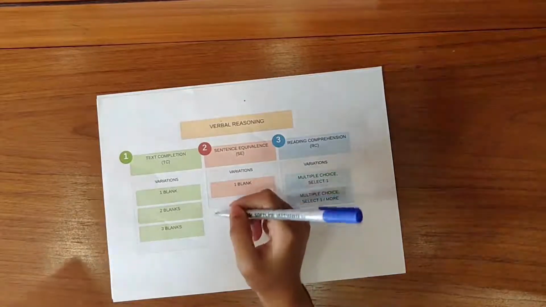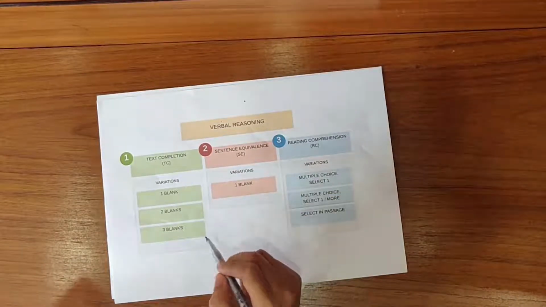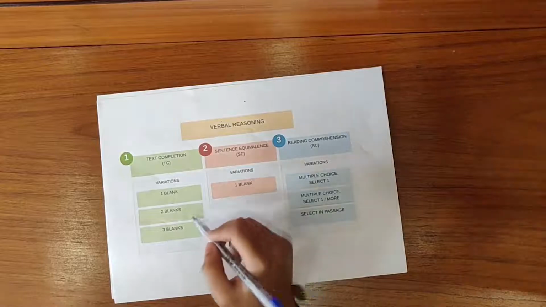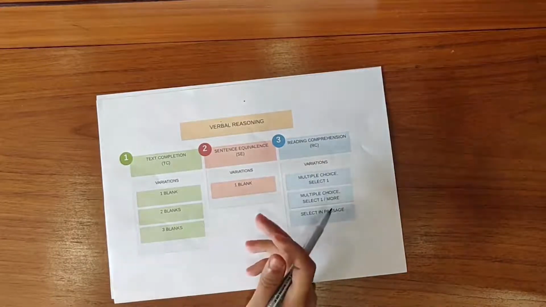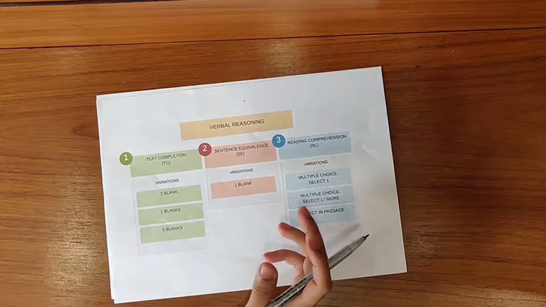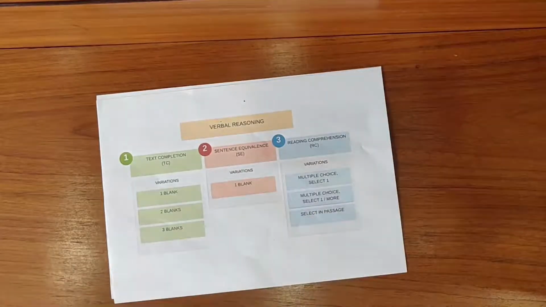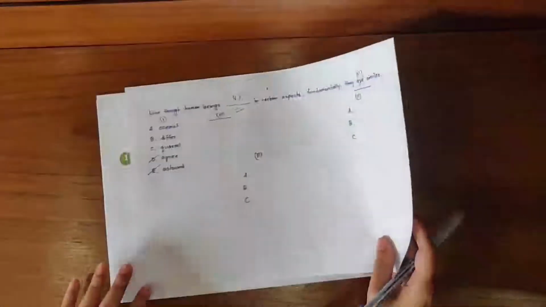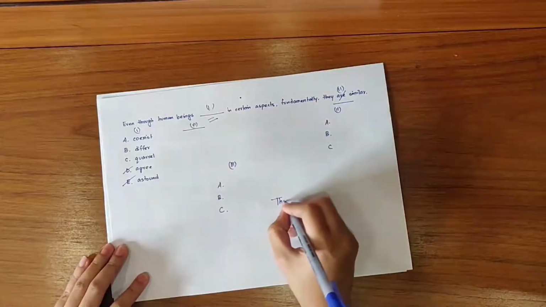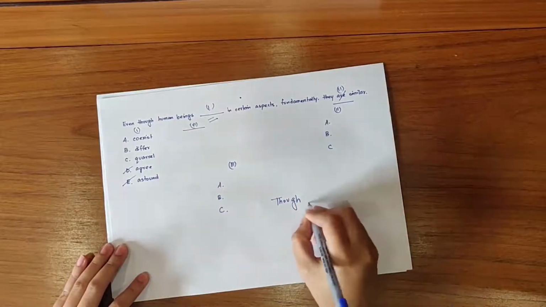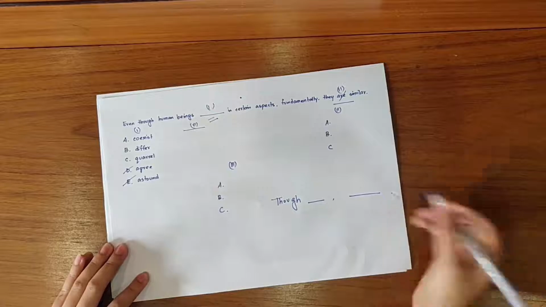For 2 and 3 blanks, it gets a bit more complicated since the blanks may or may not be dependent on each other. So let's see an example. You have a sentence like this: though blank, blank.